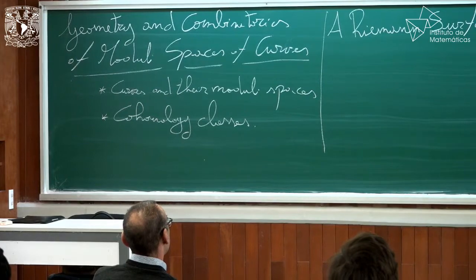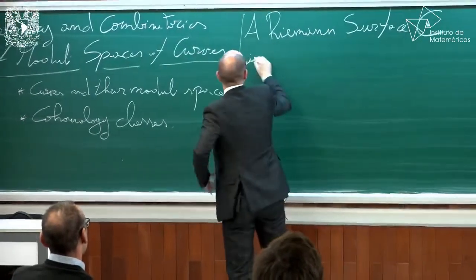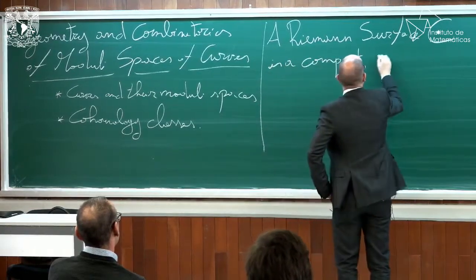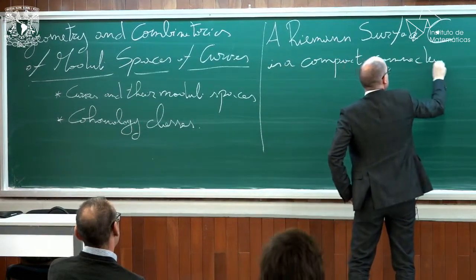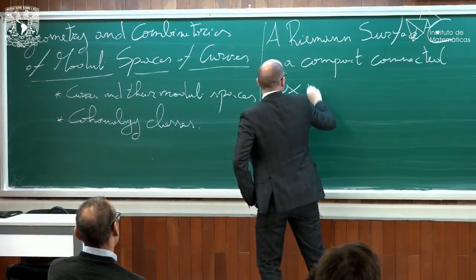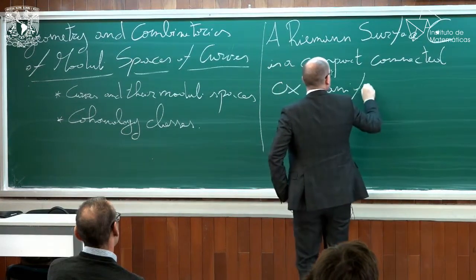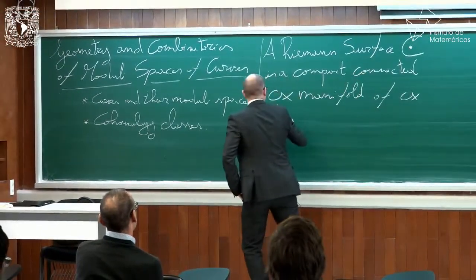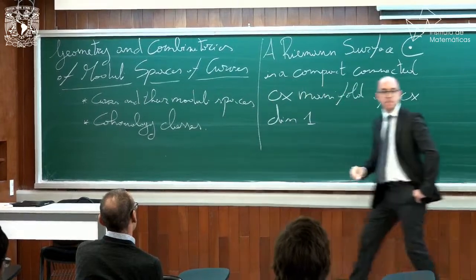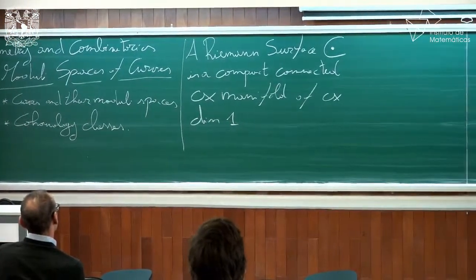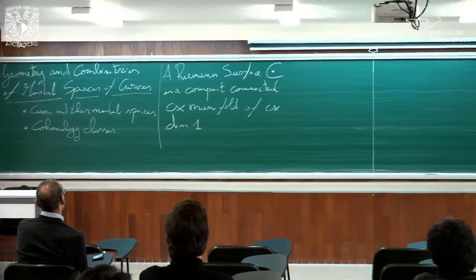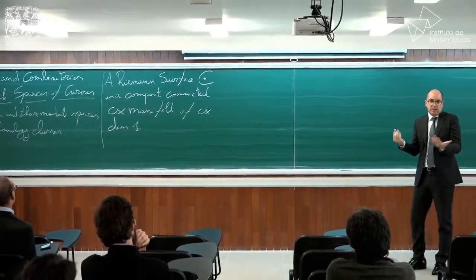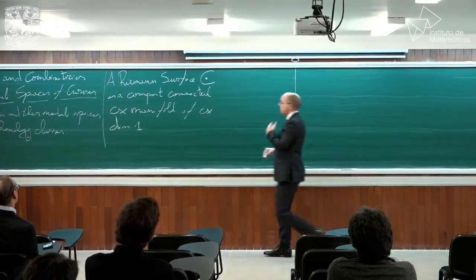A Riemann surface C is a compact, connected complex manifold of complex dimension 1. Viewed as a complex manifold of dimension 1, that's why we call it a curve. When you look at it as a real manifold, it has real dimension 2, hence the name surface.